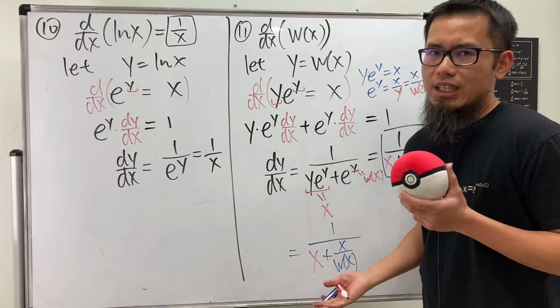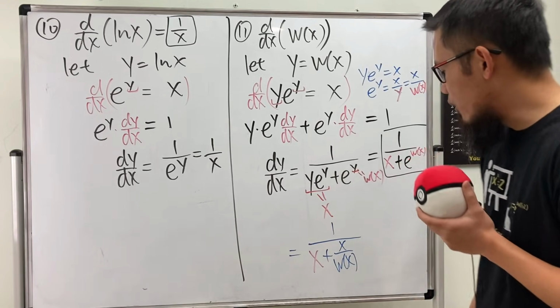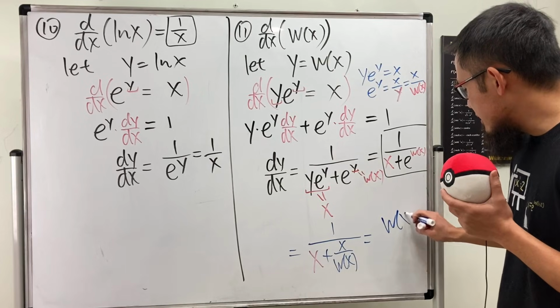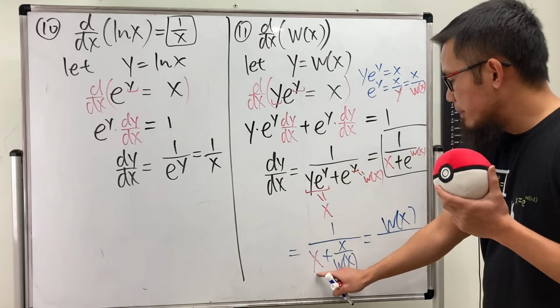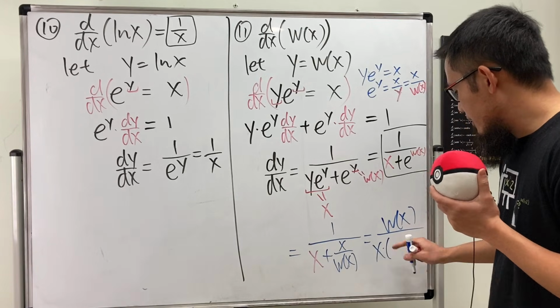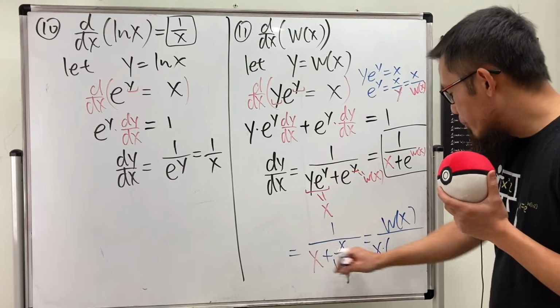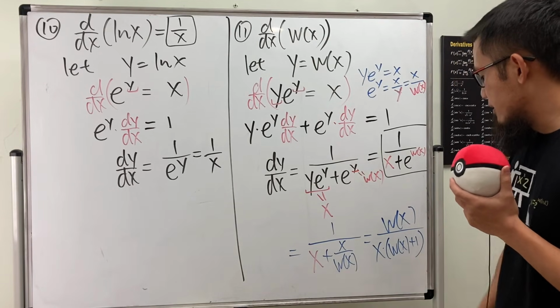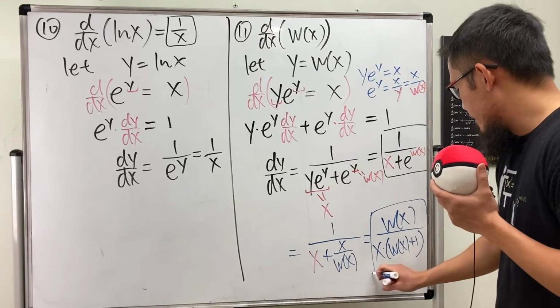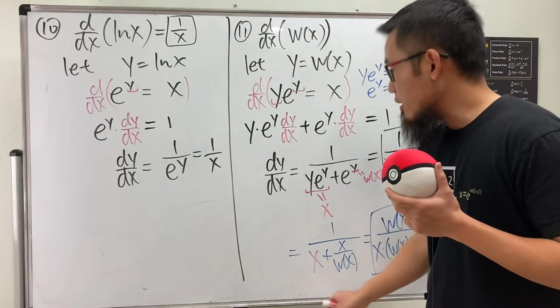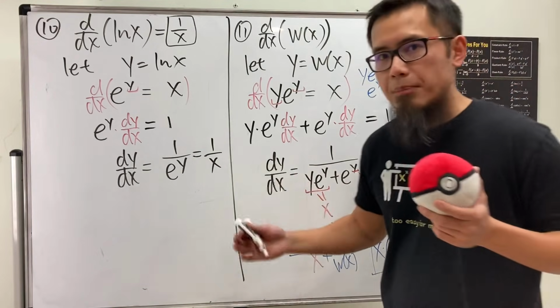And of course, we end up with a complex fraction, which is not preferred. So let's multiply the top and bottom by w of x. So we have w of x on the top over, let me also factor out the x if you don't mind. So we have x times, and the inside is just going to be w of x plus 1. Yeah, so either this or that, up to you, right? So that's how you differentiate the Lambert W function.